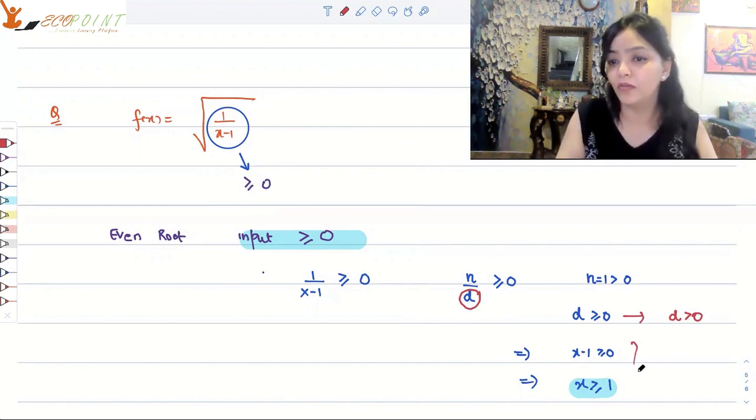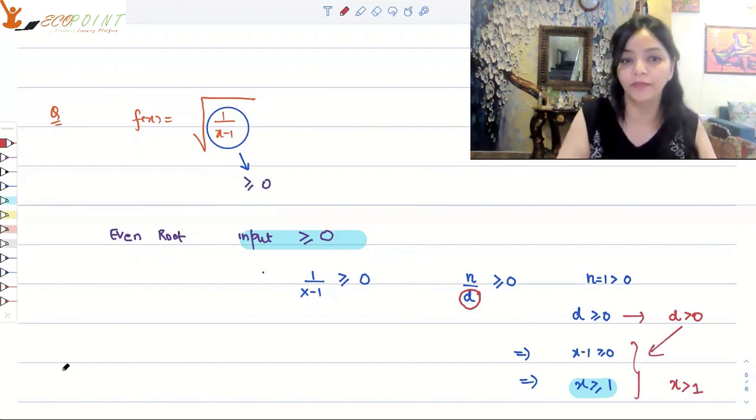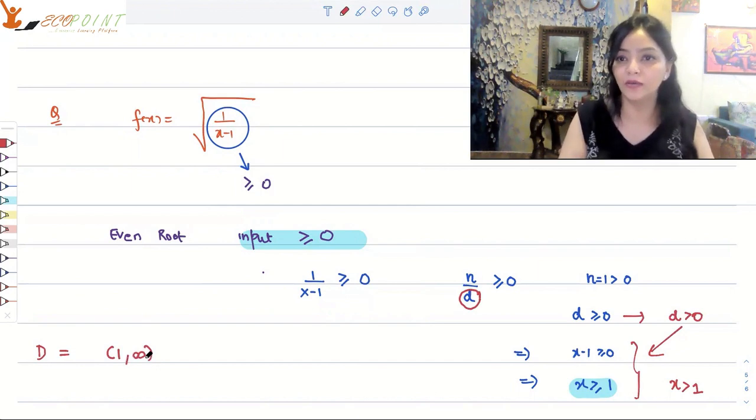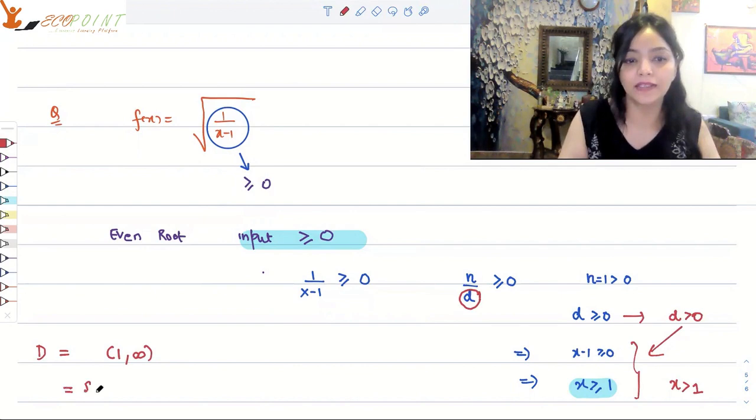Hence, from here x should be strictly greater than 1. In interval notation, the domain D is essentially open 1 to infinity. In terms of a set, we can say that it's the set of all x's such that x is strictly greater than 1. And we have our answer.